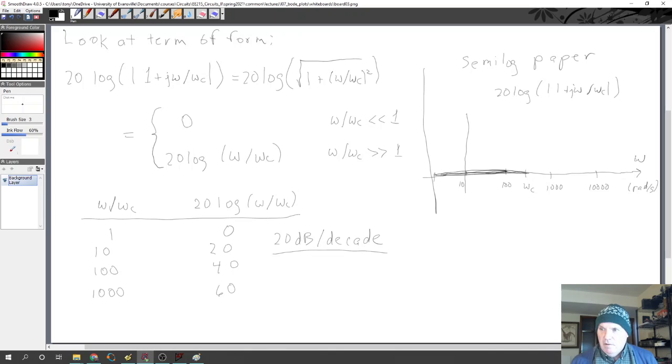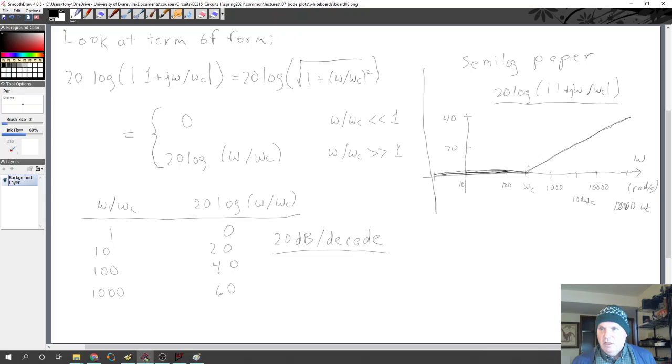Then for values above omega c, so this would be 10 omega c, and this would be 1,000 omega c, I'm going to increase at a 20 dB per decade rate. So this would be 20, continuing this would be 40.